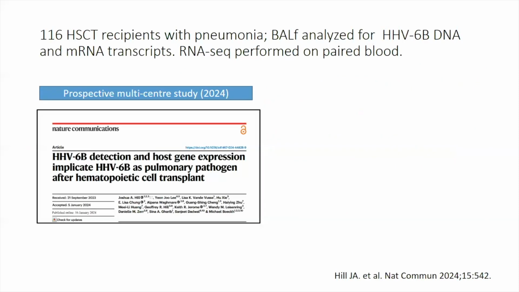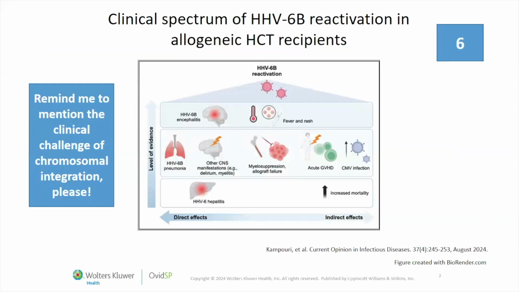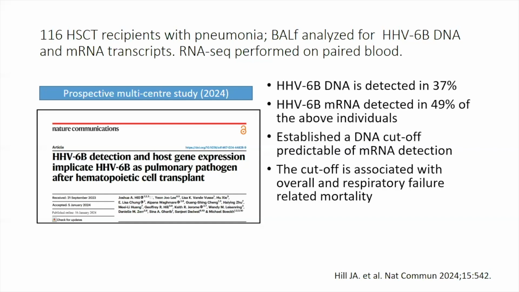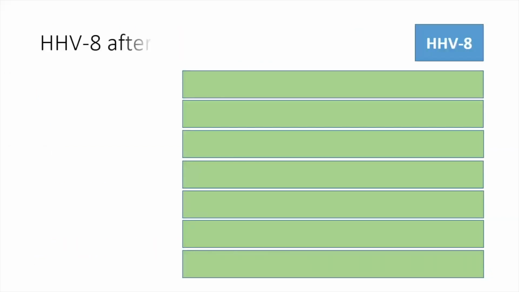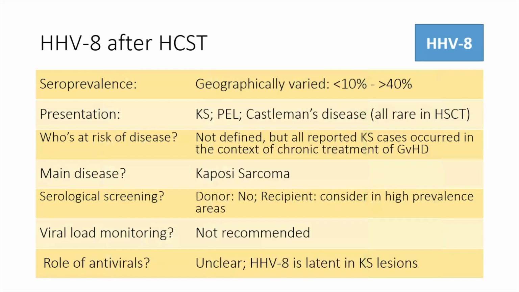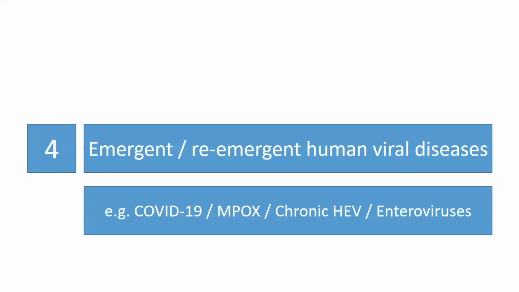I was going to say, remind me to mention the clinical challenges of chromosomal integration, please. But I just skipped over that. You have to have the clinical suspicion of encephalitis first, and then you can interpret the results of the virus in the CSF.